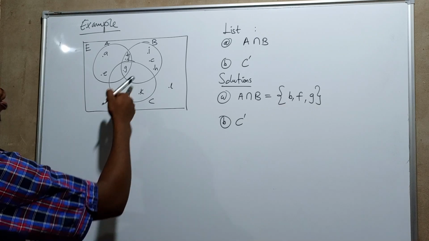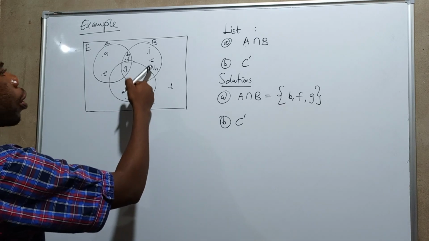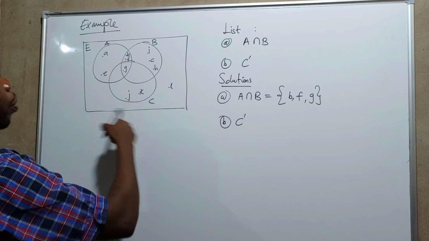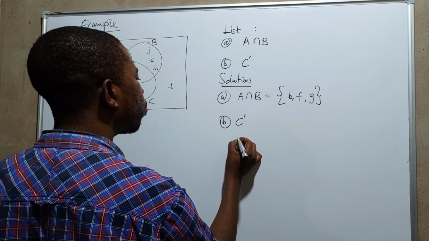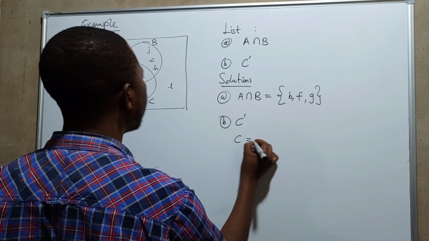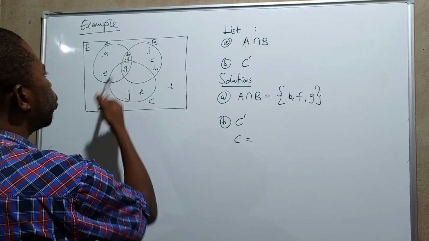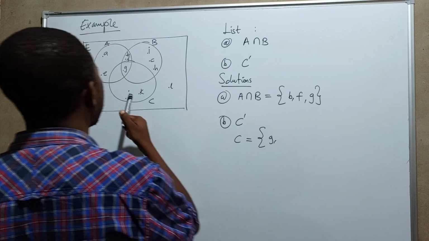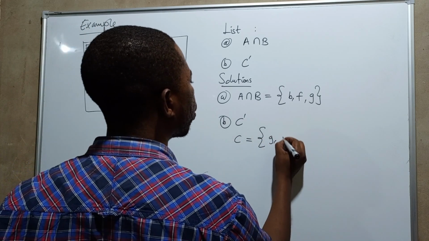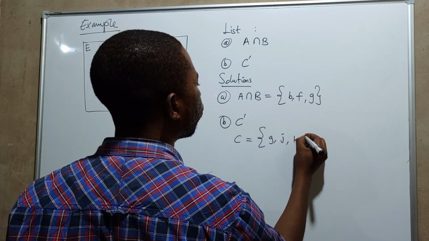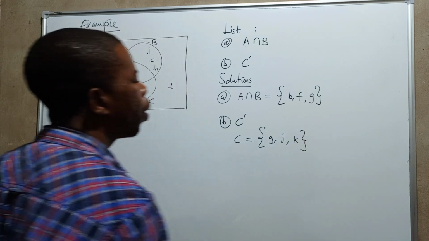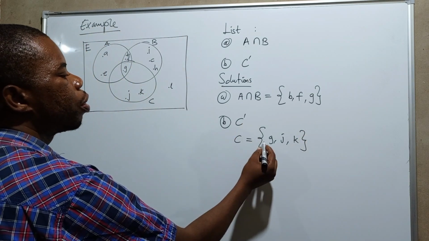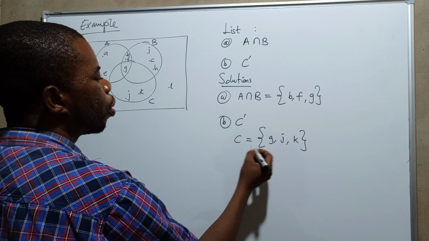For us to know C complement, first let us list C. C, it is this. So C, we have G, then we have J, then we have K.